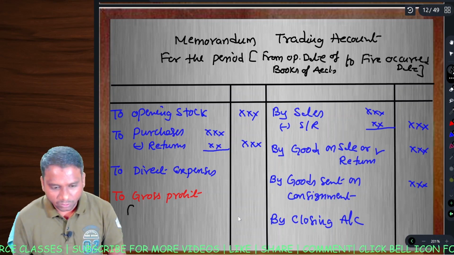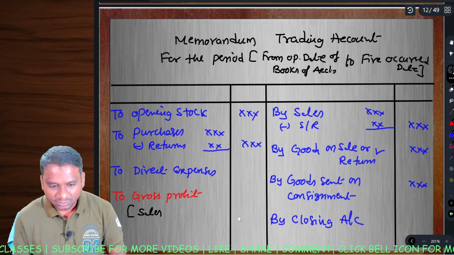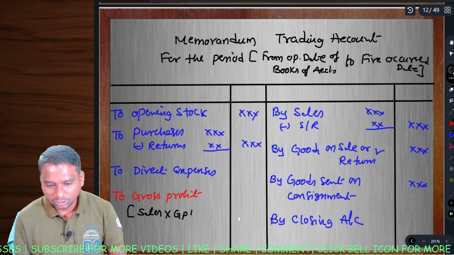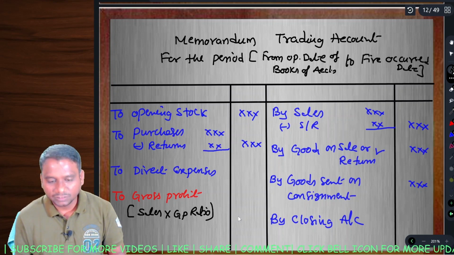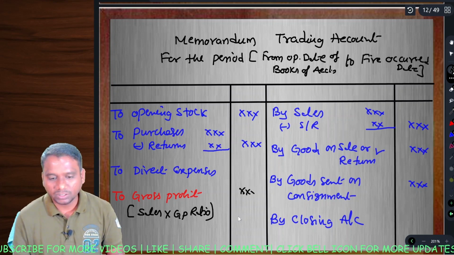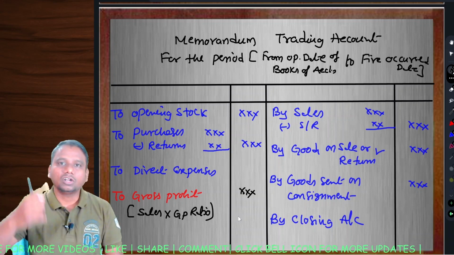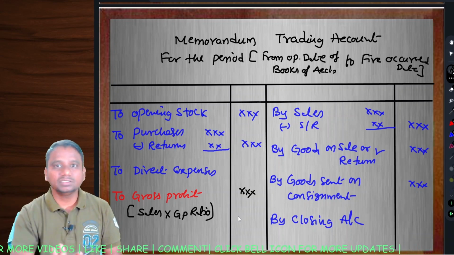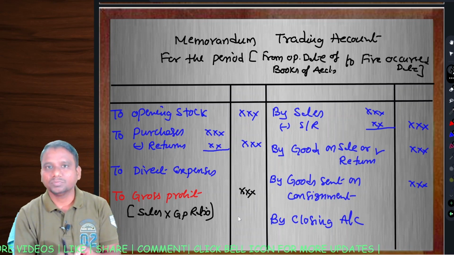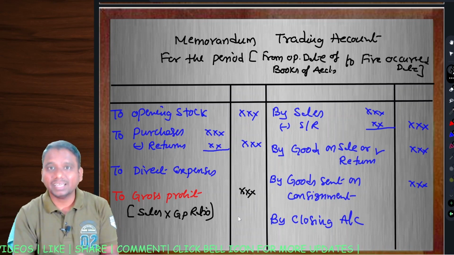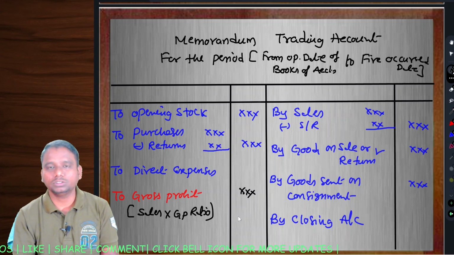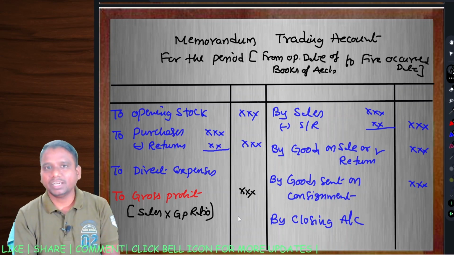How? Sales into GP ratio. So gross profit is calculated first. Normally in the trading account, gross profit is nothing but the difference in the account. But in this problem, because this is an indirect way of calculating closing stock, gross profit we write first.